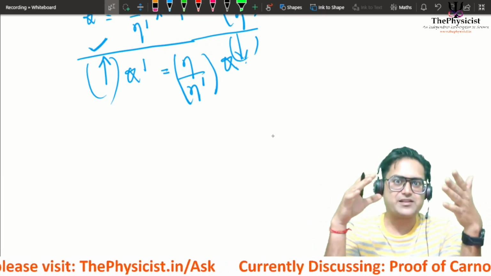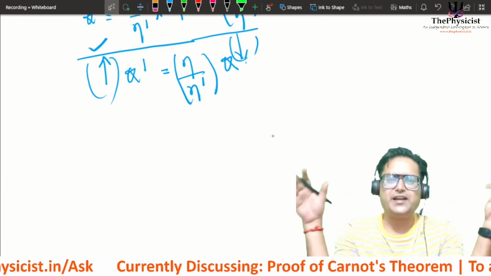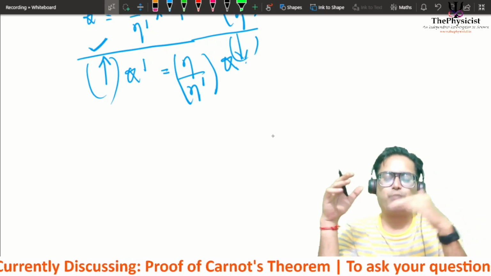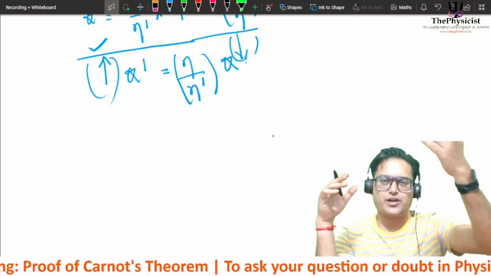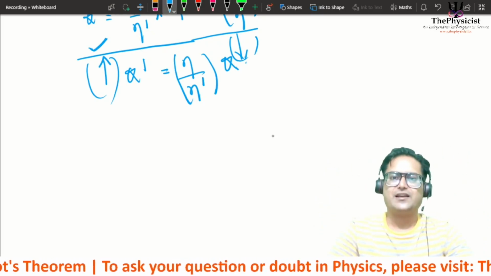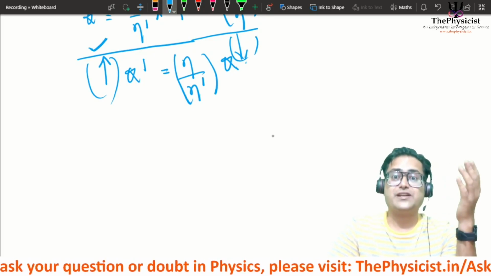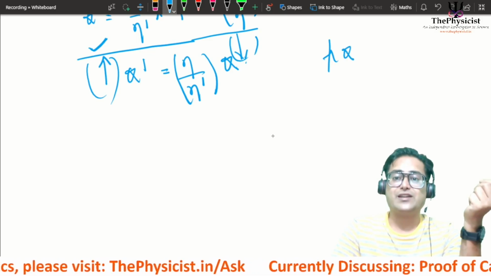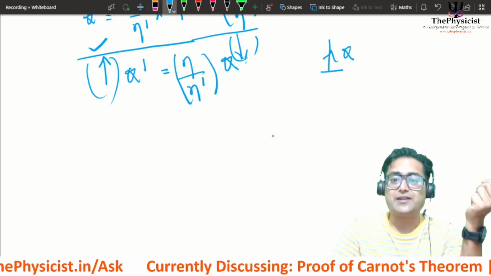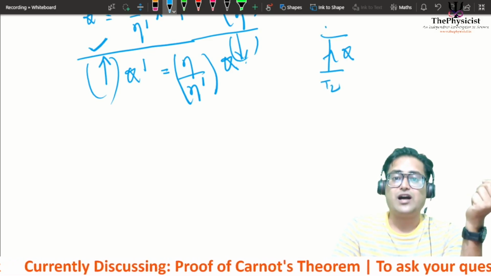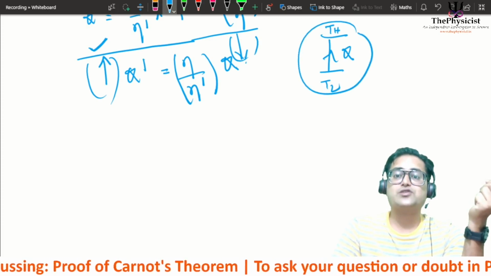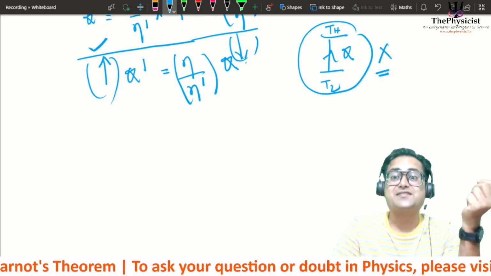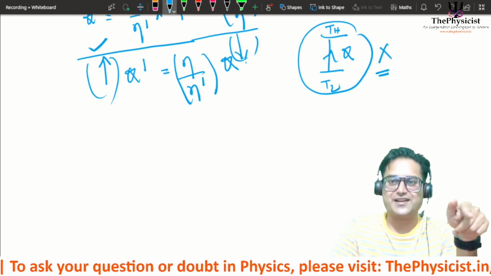That means it will need some energy supply, whether in the form of heat or by some mechanical work, to pump heat from a low temperature body to a high temperature body, correct? It cannot simply take heat from a low temperature body to a high temperature body on its own, spontaneously. That's the second law of thermodynamics, isn't it?